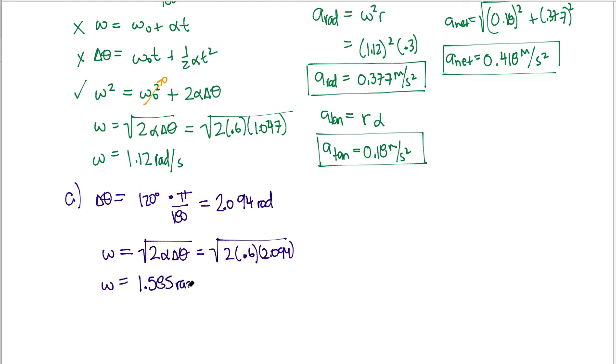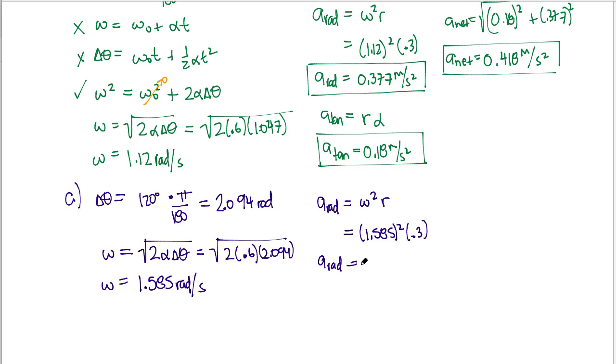So the angular speed at this instant in time is 1.585 radians per second. And so now when I go to calculate my radial acceleration, I'm again using omega squared r, which in this case would be 1.585 squared times my radius of 0.3 meters. So my radial acceleration is 0.329, pardon me.